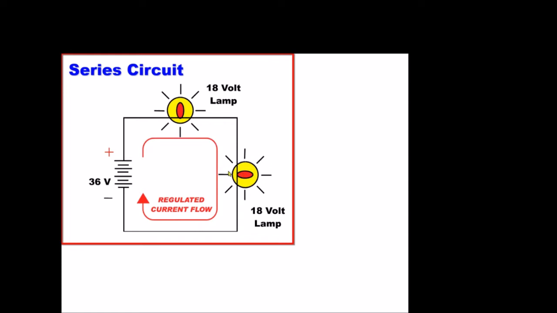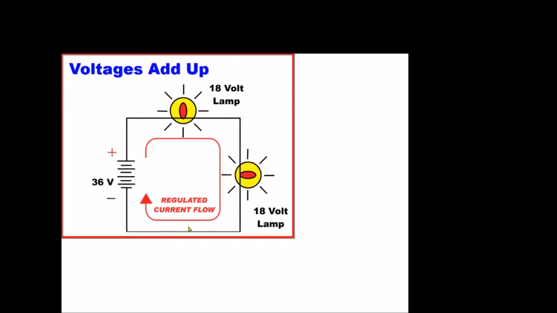So we'll have an 18 volt drop across this lamp, and an 18 volt drop across this lamp. 18 and 18 equals 36 volts. All right? So we can measure from battery negative to this point here, and we'll measure 18 volts, which is our voltage drop across this lamp here.